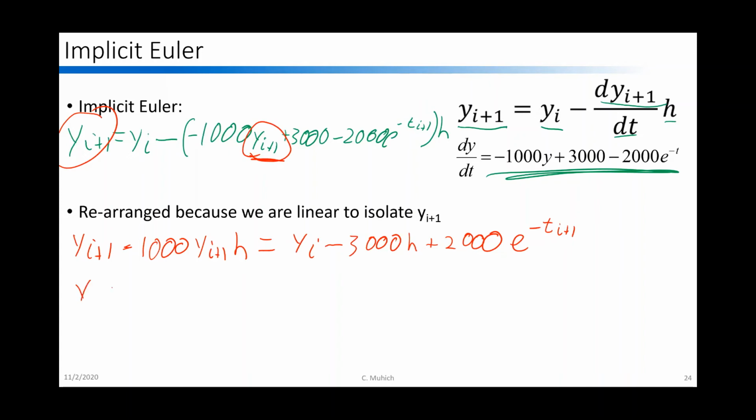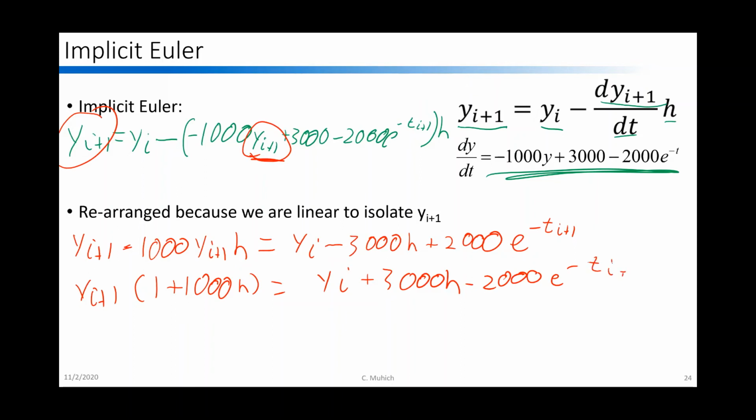We can pull out a y_{i+1}. That leaves me with 1 plus 1,000 h equals y_i plus 3,000 h minus 2,000 e to the negative t_{i+1}.